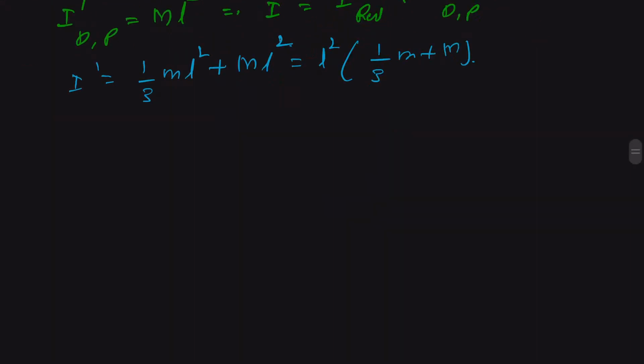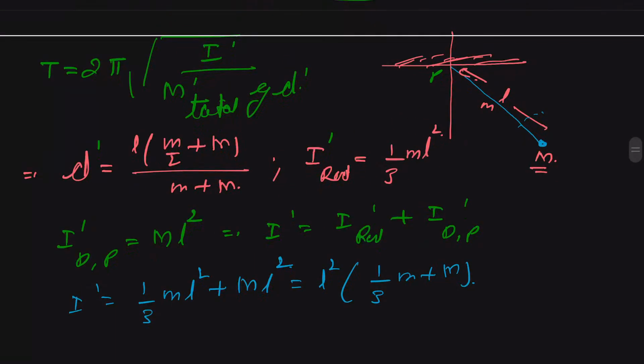So everything we know, we can just substitute the values. And let us call this T prime.